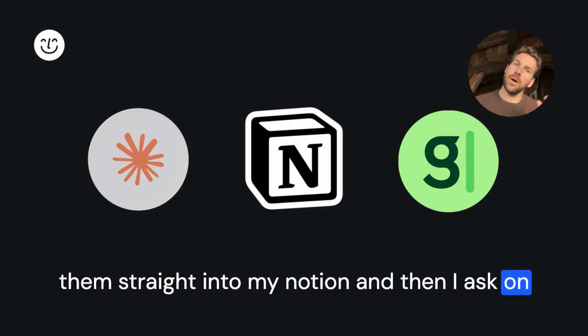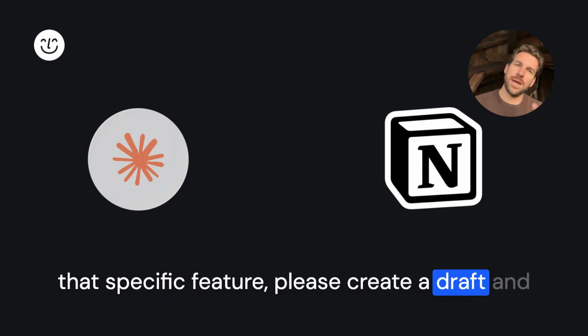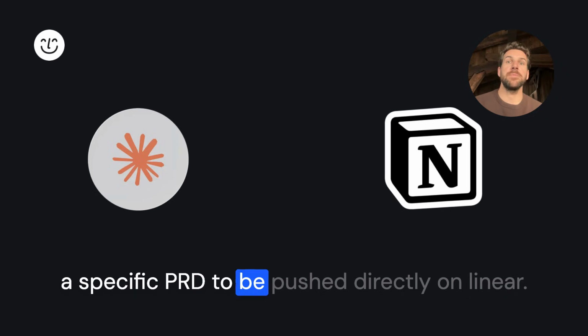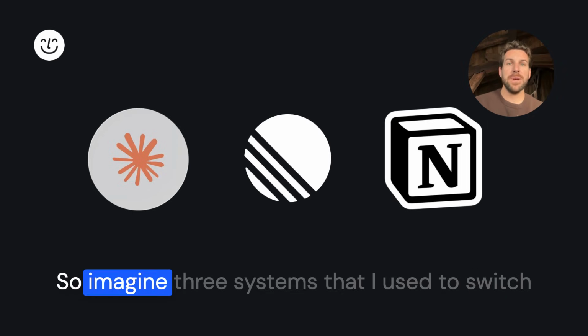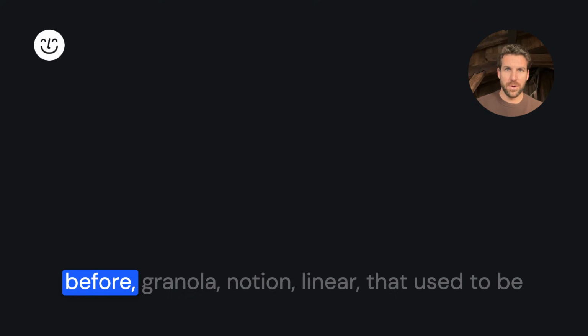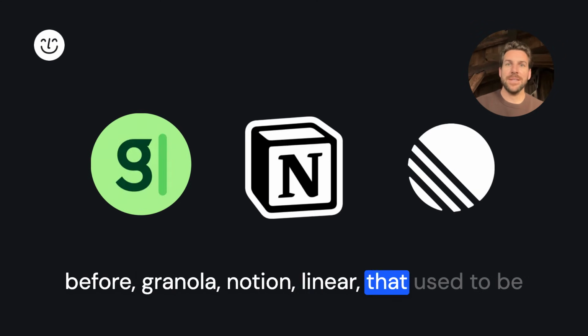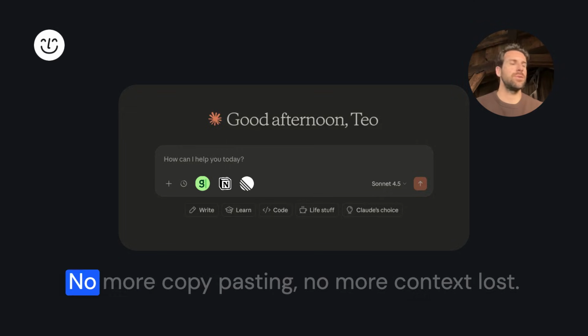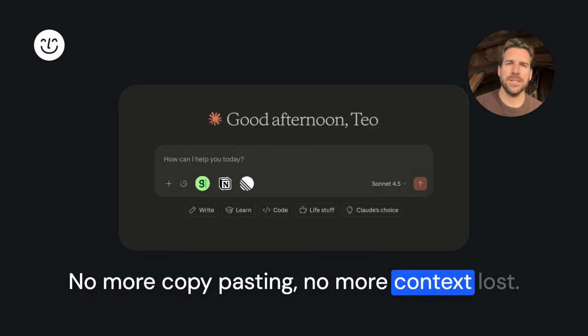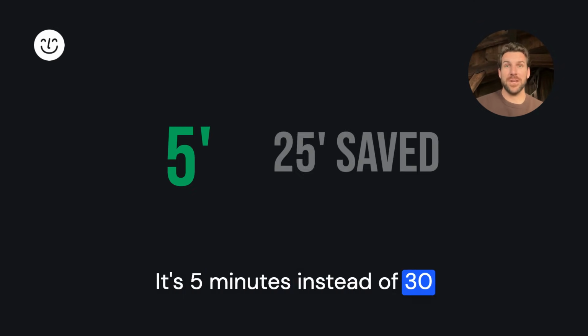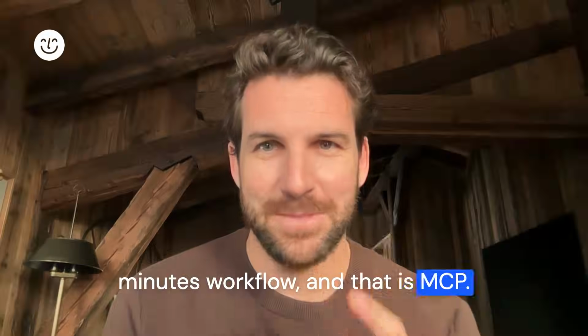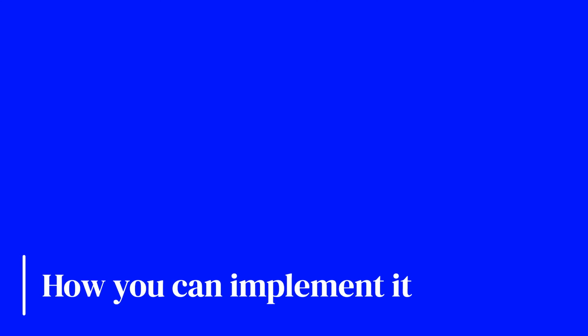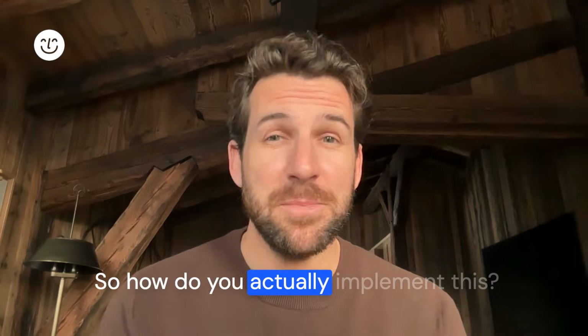And then I ask on that specific feature, please create a draft and a specific PRD to be pushed directly on Linear. So imagine three systems that I used to switch between before: Granola, Notion, Linear, that used to be siloed, now connected in one single conversation. No more copy pasting, no more context loss. It's a 5 minutes instead of 30 minutes workflow, and that is MCP.